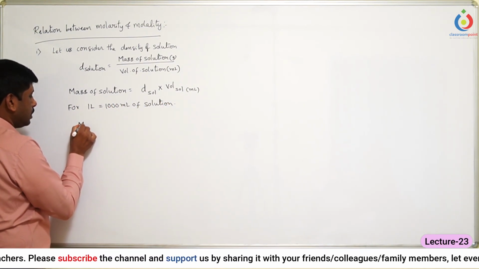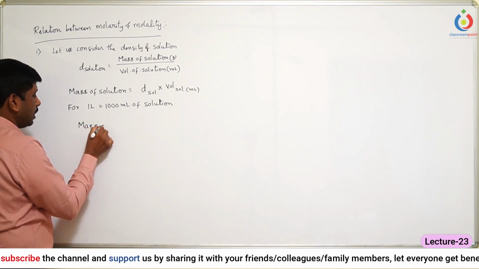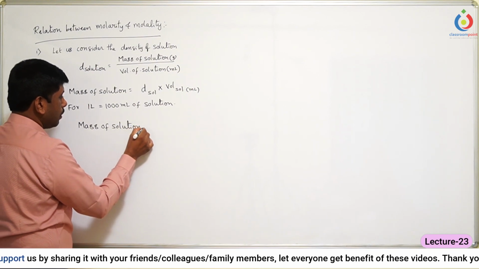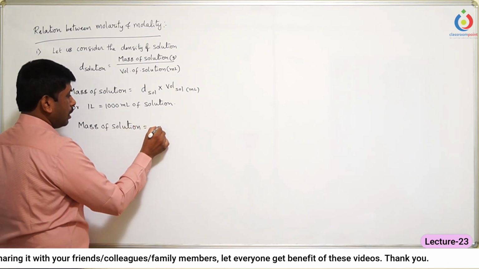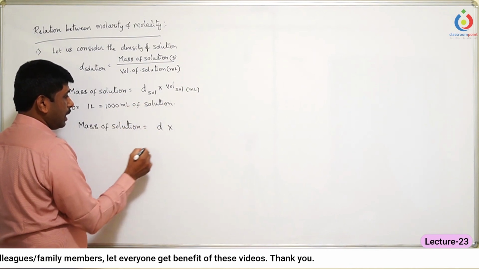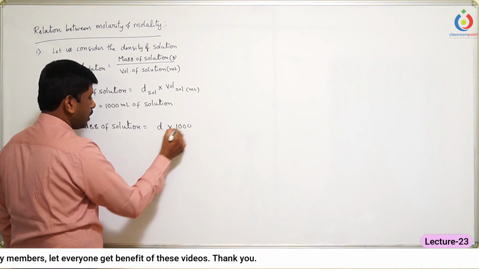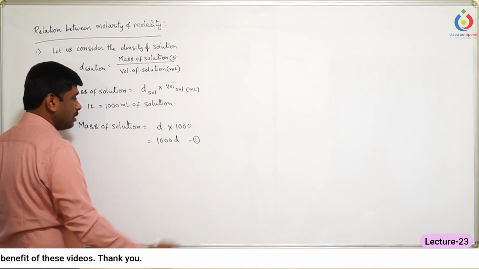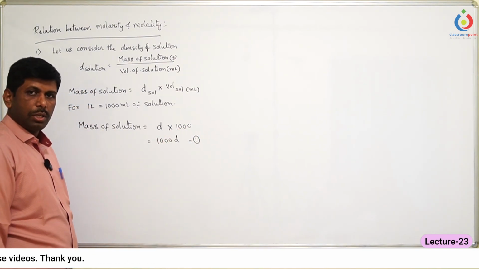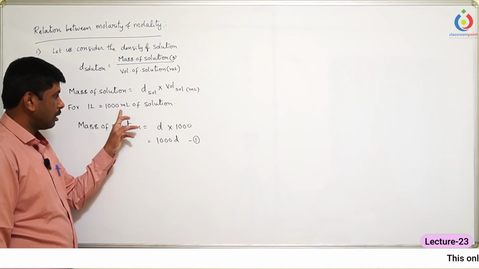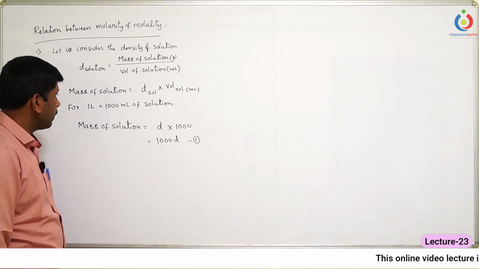Then we shall see here, mass of solution is equals to density of solution into volume is given as 1000 here, so that we can write down 1000 D. Let us consider this is the first equation 1. So this is the mass of the solution per 1000 ml of the solution.